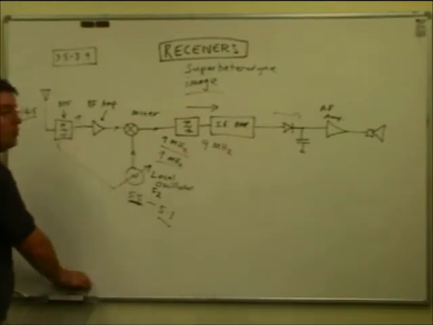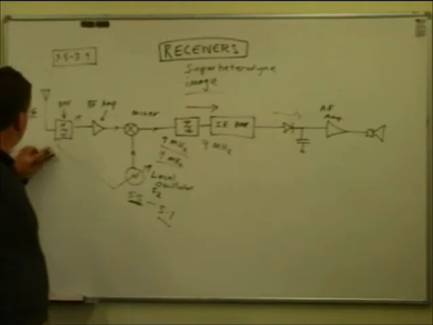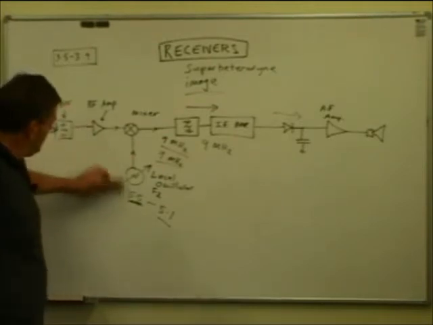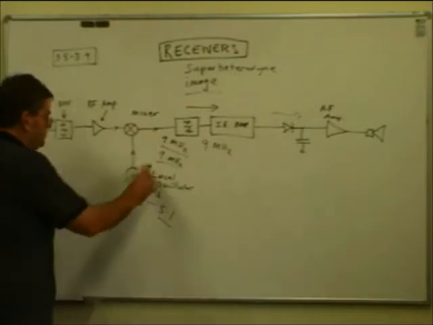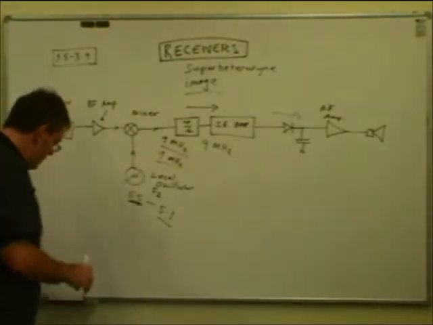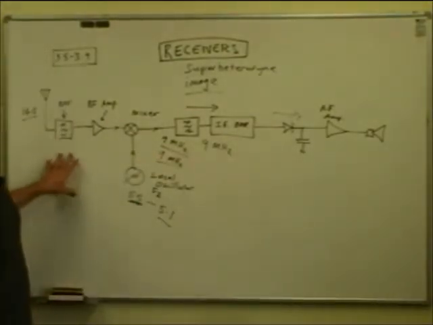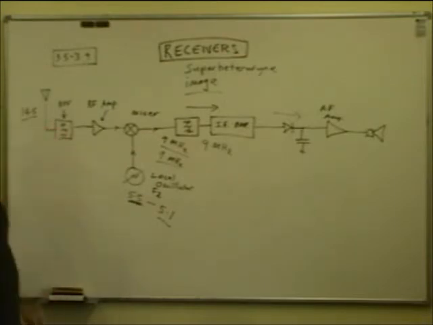But that's not commonly done in modern amateur receivers. They'll have a bandpass filter, like I just showed you before. So that's superhet receivers, and we put this bandpass filter at the front to reject the image, because the image will be a major problem to us if we.